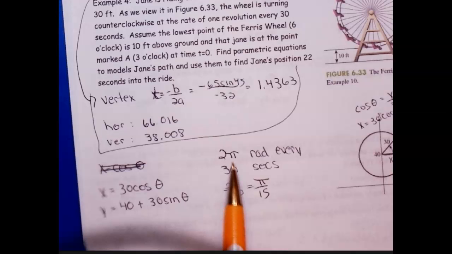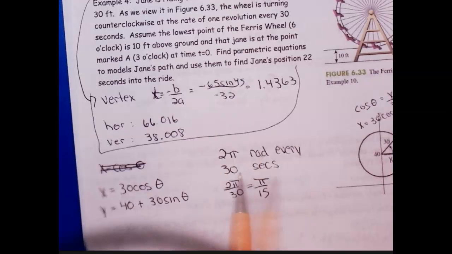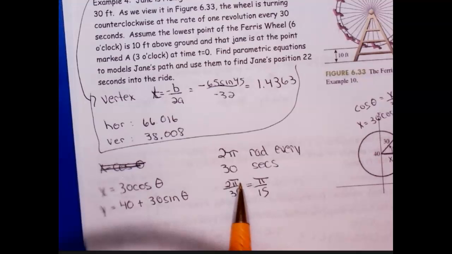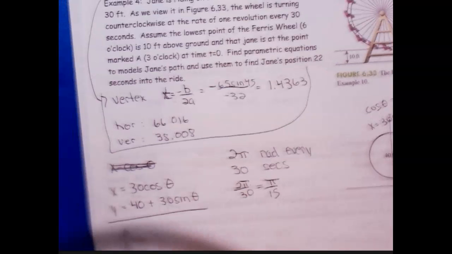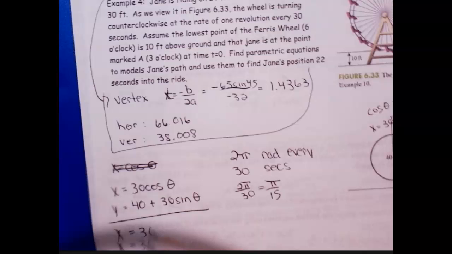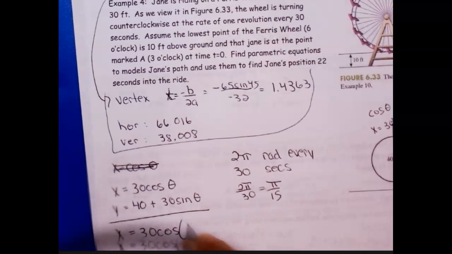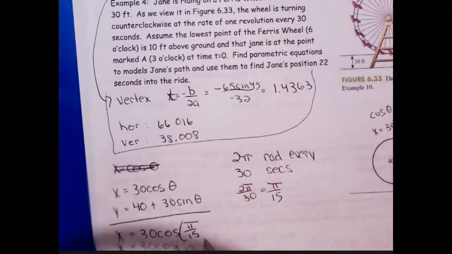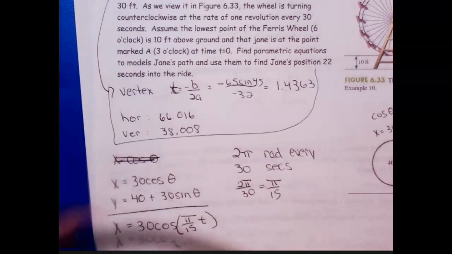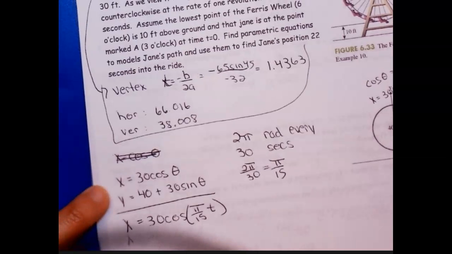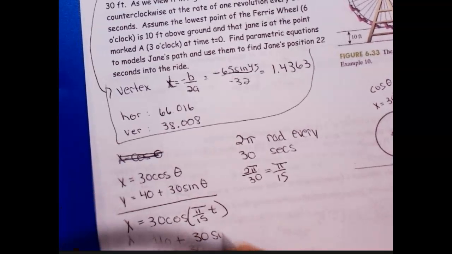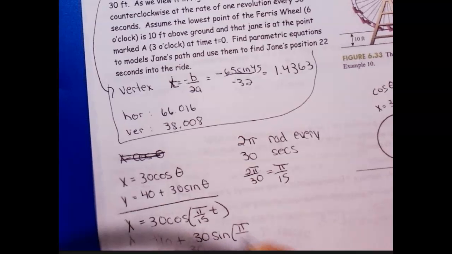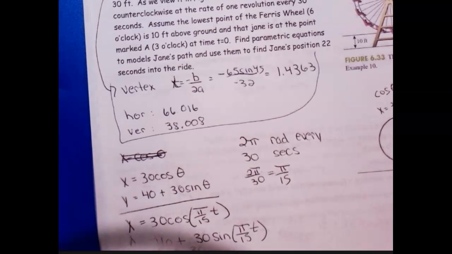You've got 2 pi radians for every 30 seconds, so the rate would be 2 pi over 30, which is pi over 15. So we're going to take these equations one step further. We've got x equals 30 cosine of pi over 15 times the time, and y equals 40 plus 30 sine of pi over 15 times the time.